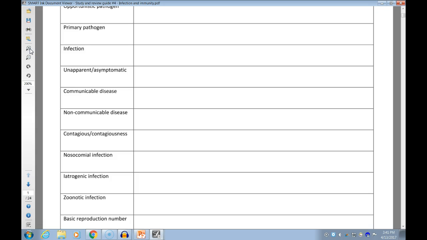If I go to the hospital, sit on the toilet seat, and acquire a urinary tract infection, nosocomial. If I go to the hospital, I'm badly burned, and I'm just lying in the bed, and eventually my wounds get infected, that's nosocomial because I get it from somewhere, from the walls.